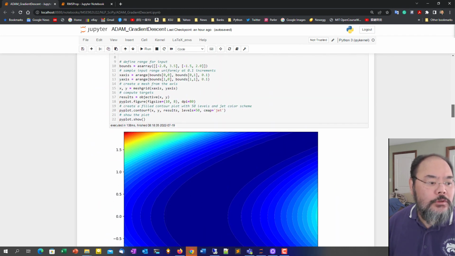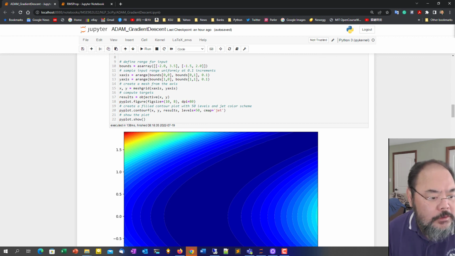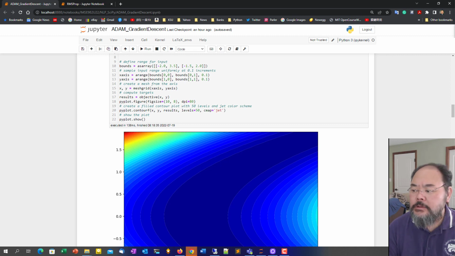Next, I'm going to start talking about RMSProp. RMSProp is an earlier version of Adam, and actually Adam is inspired by RMSProp. RMSProp is still a very efficient algorithm. It is the default algorithm for PyTorch, the Facebook deep neural network training framework, and it's still proven to be fairly efficient.